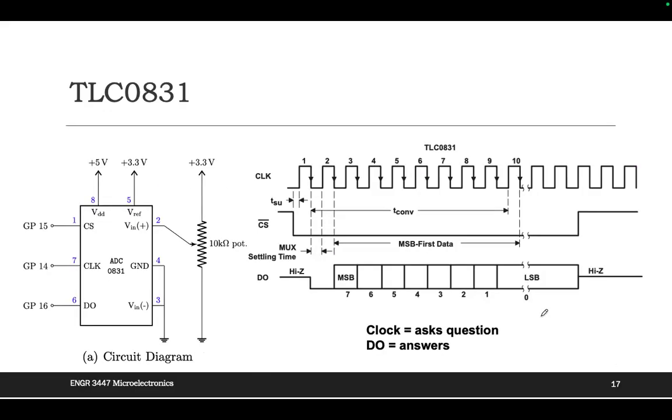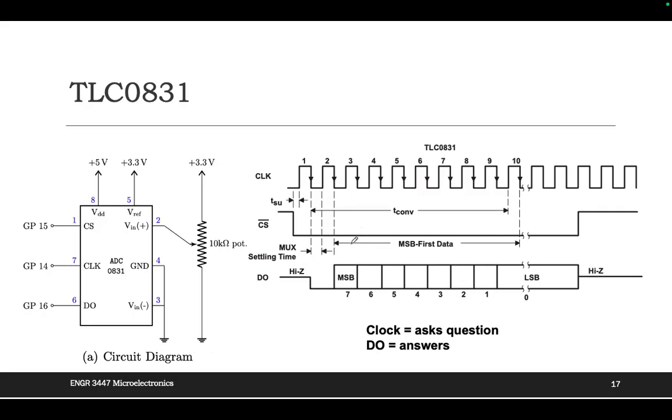Okay, then let's talk about how the ADC 0831 works. You can see here, this CS is like the start communication pin. I change it from high to low and tell the chip, the Pico tells it, I will communicate with you.